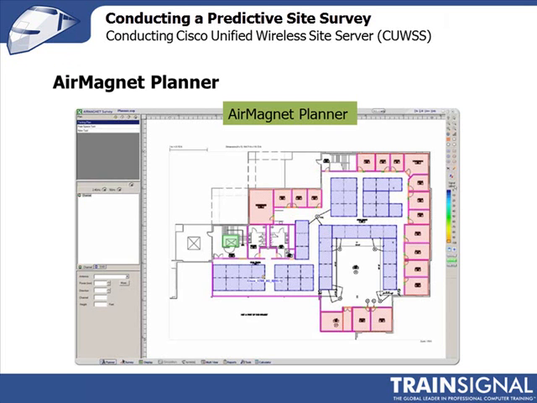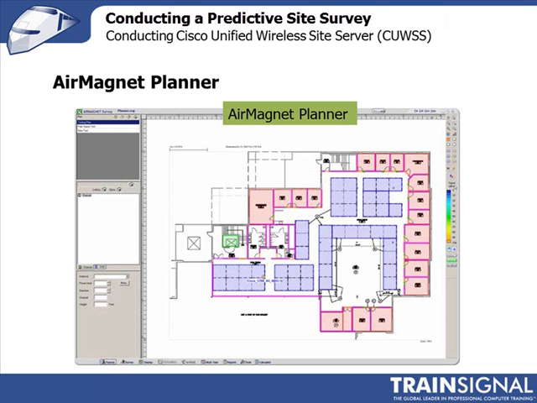Now, the Air Magnet Planner can be bought as a standalone product, or if you buy the Air Magnet Survey Pro, it comes as part of that tool. The advantage of using the Air Magnet Planner is that it not only allows you to draw the building shapes like the walls and the cubicles, the doorways, etc. It also has a lot of opportunity for you to select the different types of propagation and attenuation characteristics of that material.